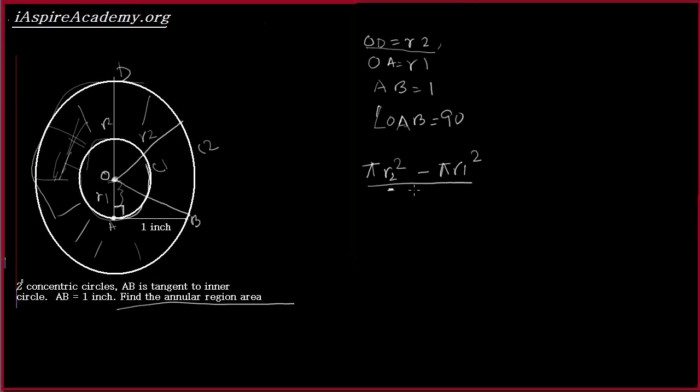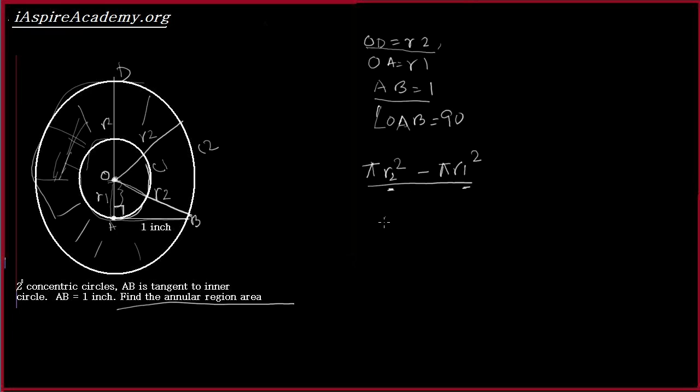Now the problem is that we don't know R2 or R1, and we've been given only AB, so it's not very easy to find out. But let's figure out what else we know. Since this is a Pythagorean theorem situation, OB is the radius of the outer circle, so this is R2.